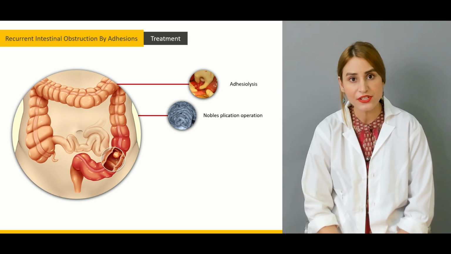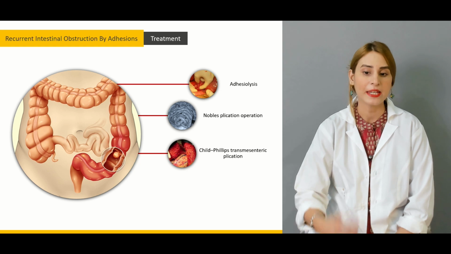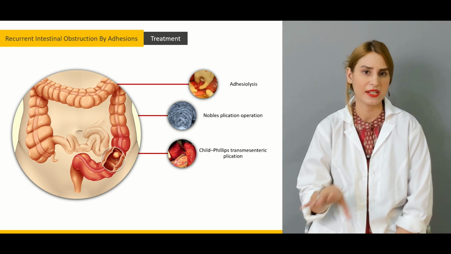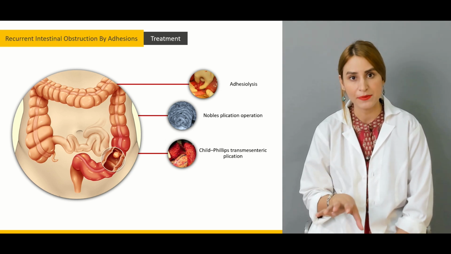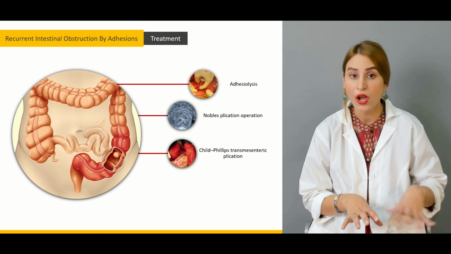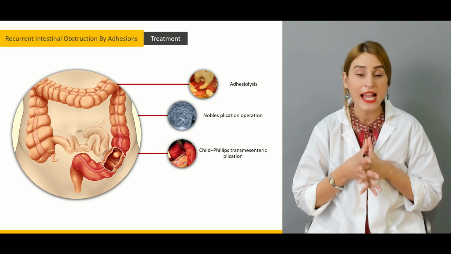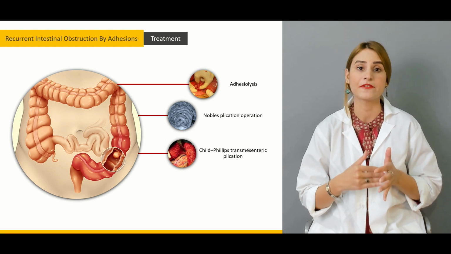There are other procedures as well, like Noble's plication operation. You just have to memorize the names of these procedures because they are very complicated to understand. But you just have to keep in mind, if a patient comes to you with intestinal obstruction due to adhesions, you give conservative treatment for 72 hours.